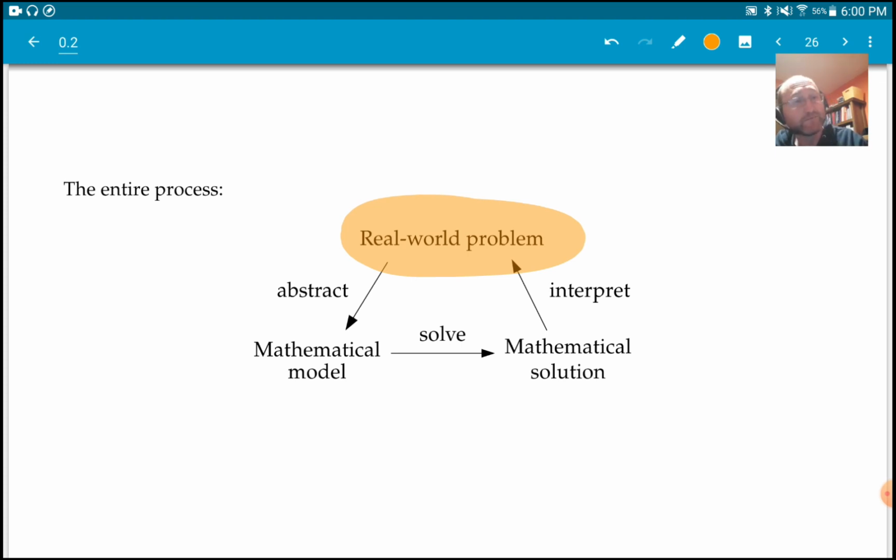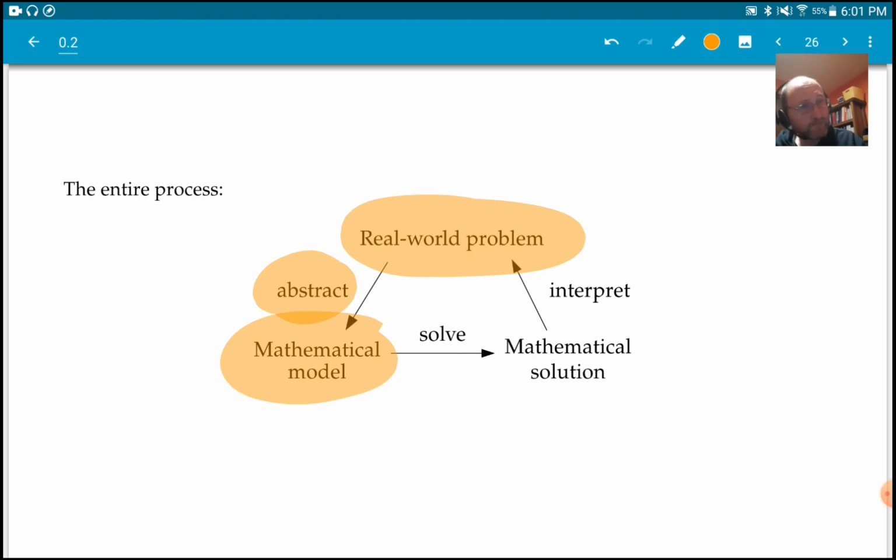You figure out some dependent and independent variables that describe the problem, and you figure out how these are related, and that's what you do in this step. You abstract the real world problem, you create a mathematical model. For the problems we're talking about here, there's going to be a differential equation or several differential equations relating those variables that you described.